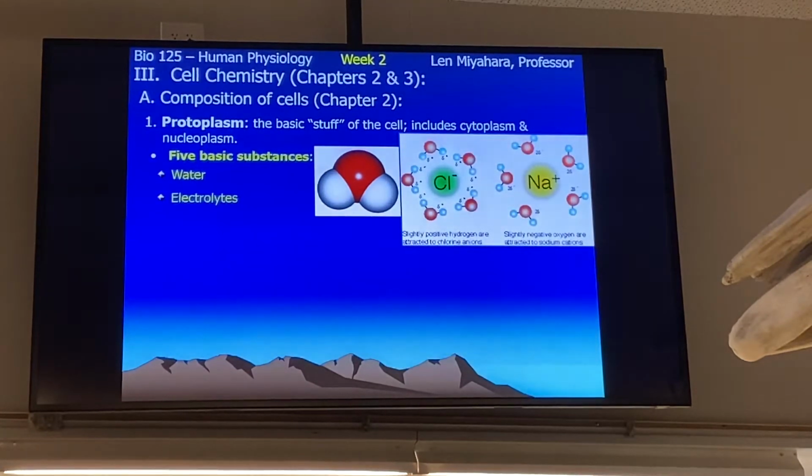Then you have ions, or electrolytes, same thing, and actually throughout. Ions. Well, the reason why ions are hydrophilic is because water is polar. So if you've got a negative ion, then the little positive side of the water molecules will point toward it.